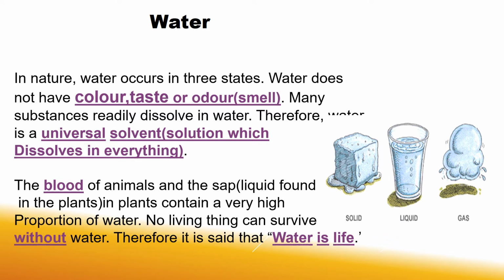The states are solid, liquid, and gas. Students, if you see the taste of water, the color and the smell, you will see that water does not have color, taste or odor.